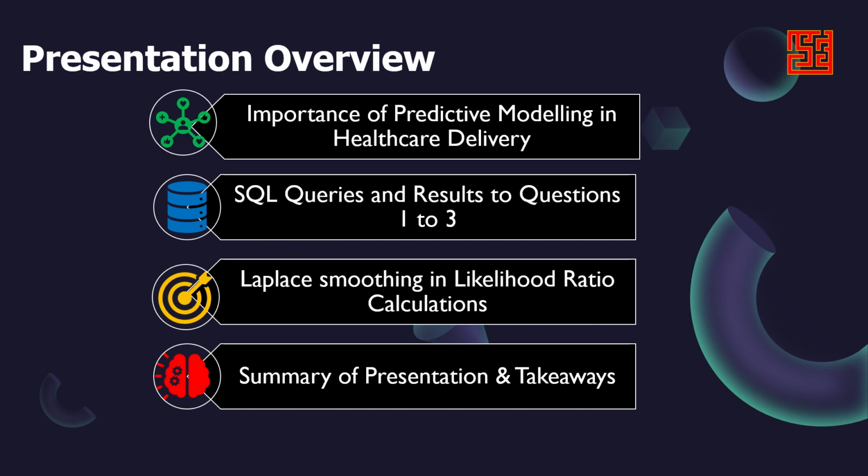Then we are also going to do the likelihood ratio calculations, and after that, select the top 4 highest likelihood ratios and scan the web for what those top 4 diagnoses might be.